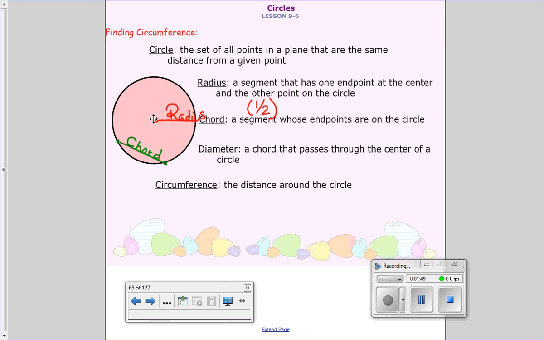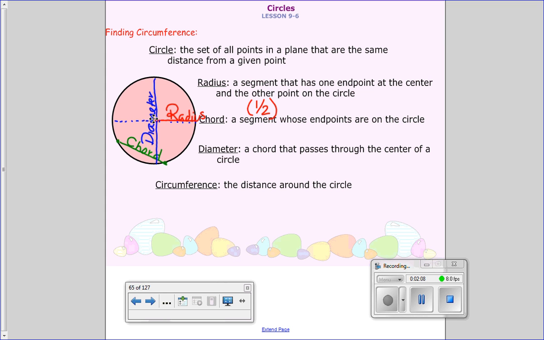For example, I'm going to use my middle point here, and in blue, this would be considered the diameter. Or, just to let you know, I could continue the radius all the way across, and then that whole thing would again be considered the diameter.